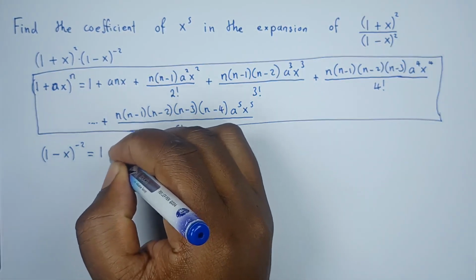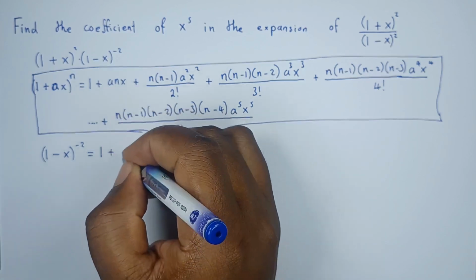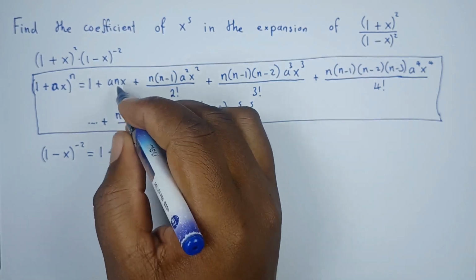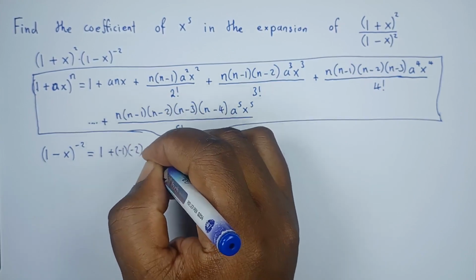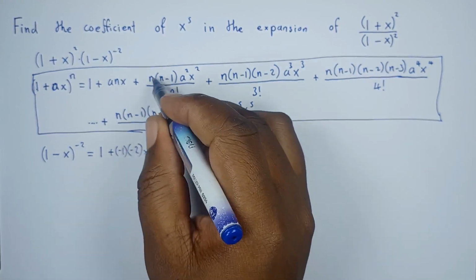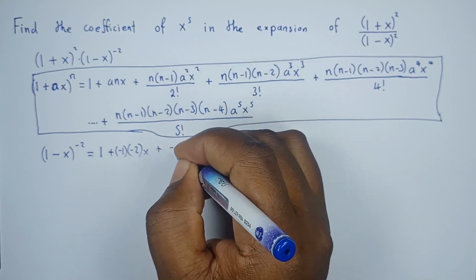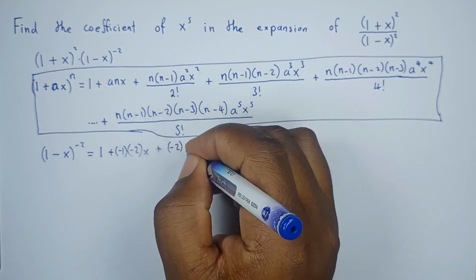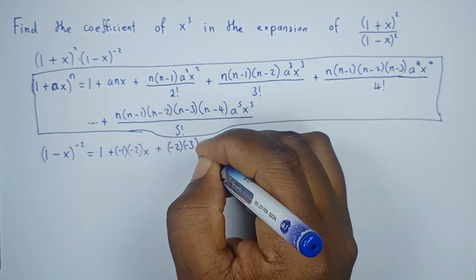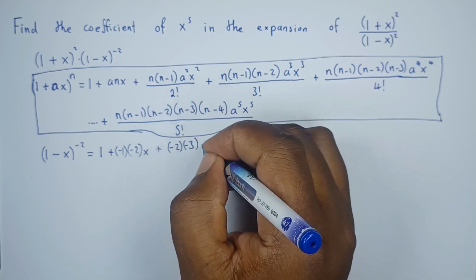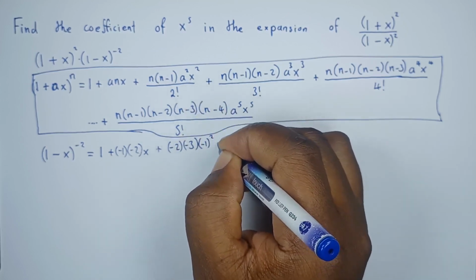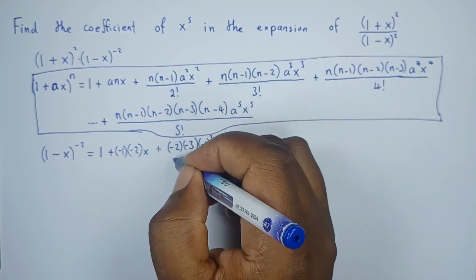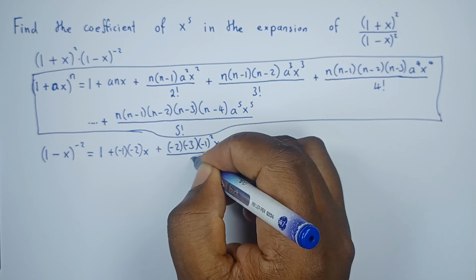We'll have 1 plus a is -1, n is -2, x, plus the same thing here: -2, -2 minus 1 is -3, a is -1 squared, then we have x squared. 2 factorial is just 2.